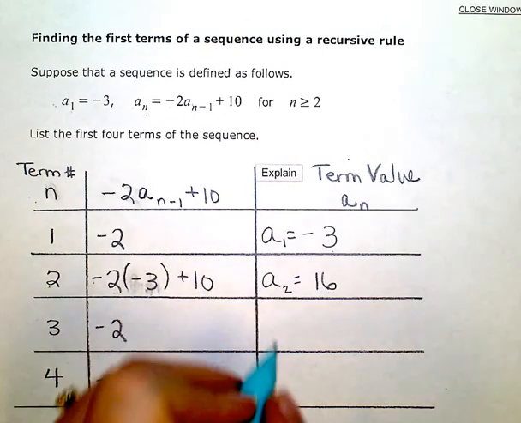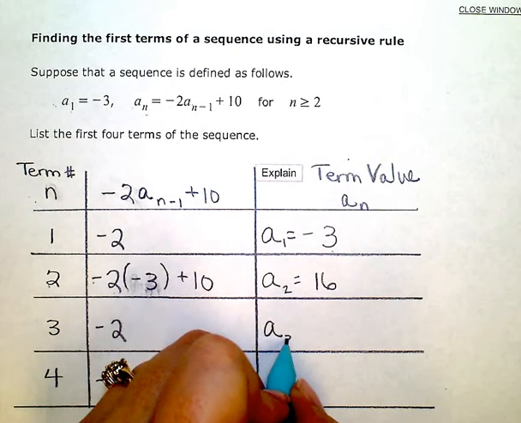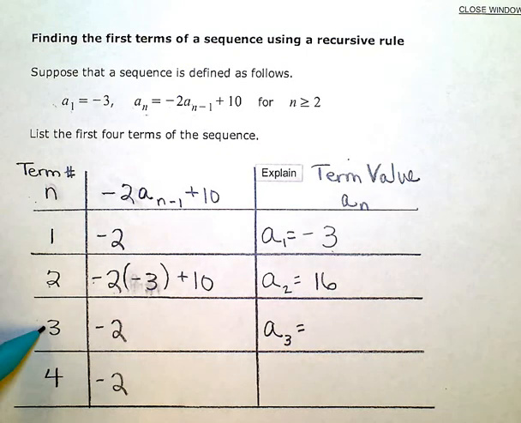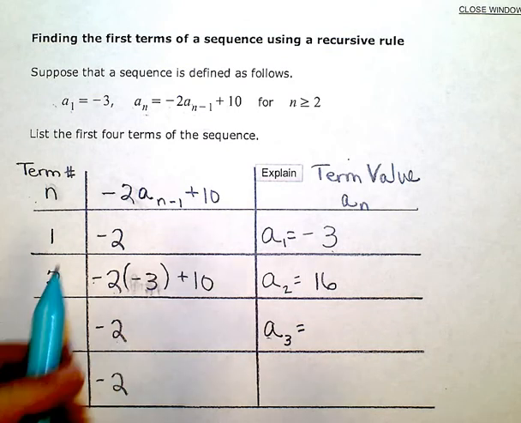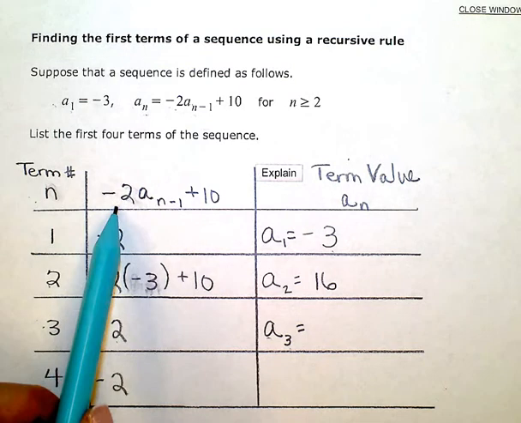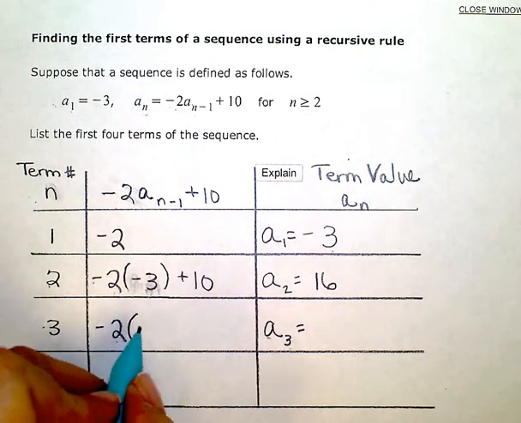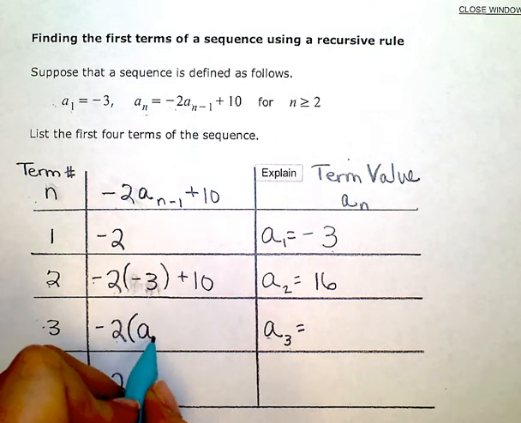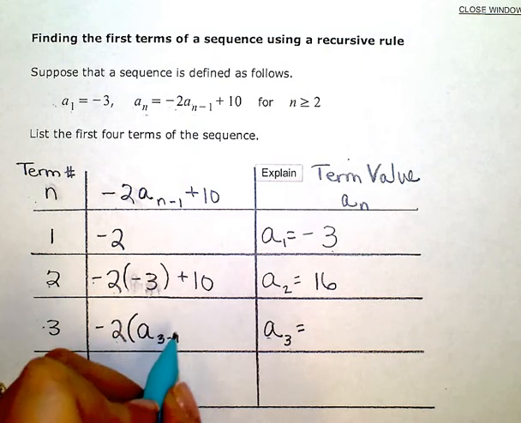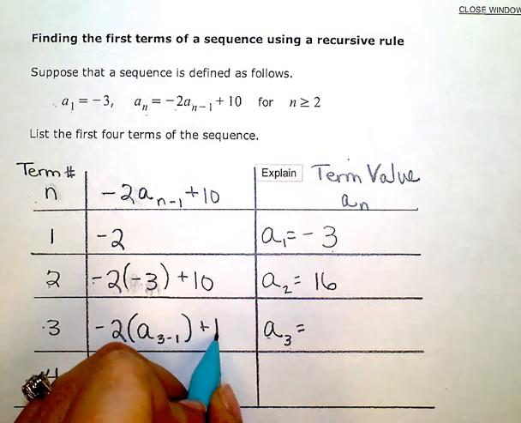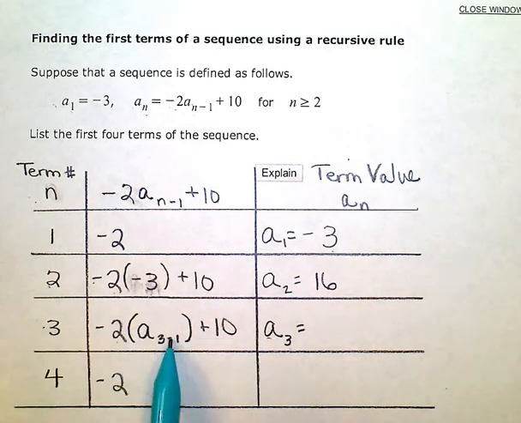Okay, now I want A sub 3, or the value of the third term. The term number is 3. A means the value of, or the term value. So the value of the third term in my sequence is going to be -2 times, right? Again, these are my instructions. Take -2 and multiply it by the value of term 3 minus 1, right?